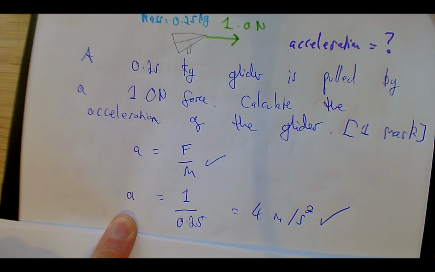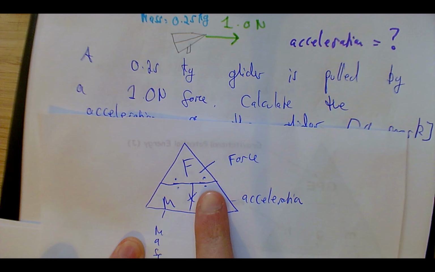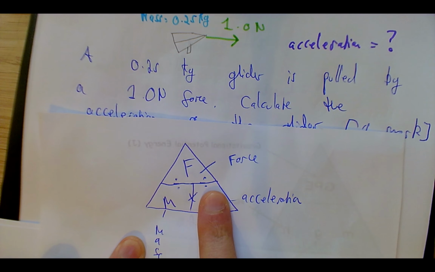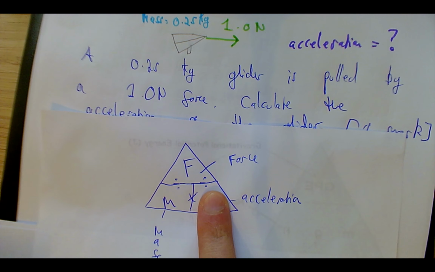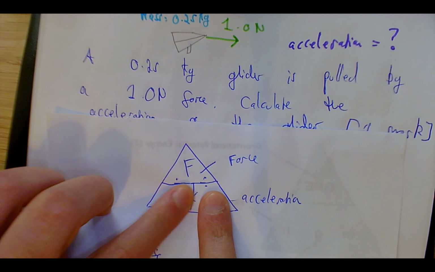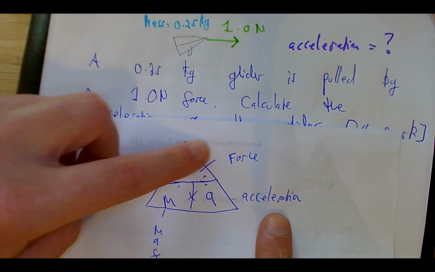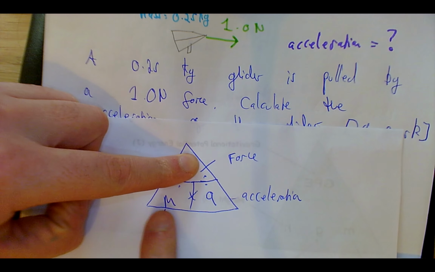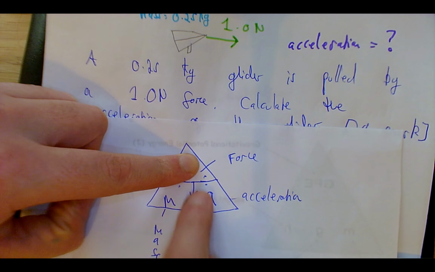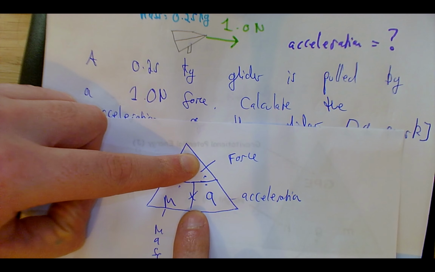Just one more time, to get acceleration, I put my finger over it: acceleration equals force divided by mass. Those horizontal lines mean divide. If I'm after force, cover it, it's mass times acceleration. That vertical line in the middle means times in the equation triangle world.